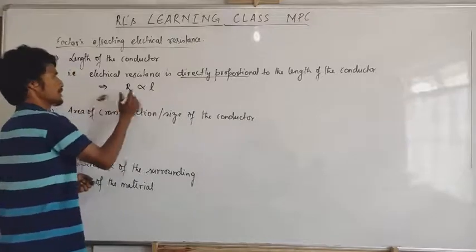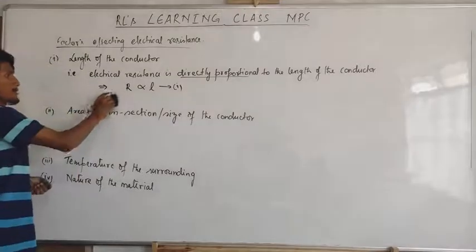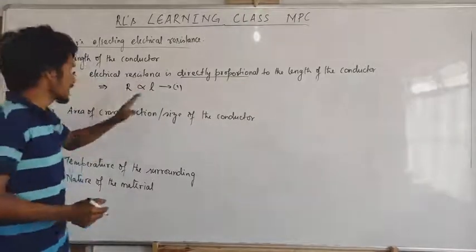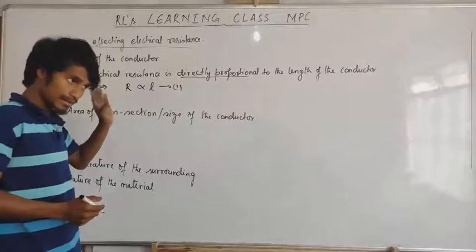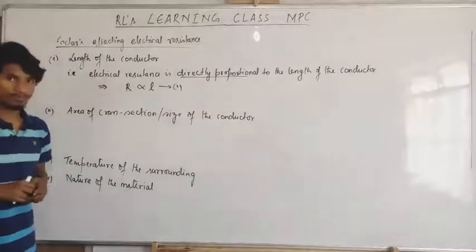We put this as equation 1. So as the length of the conductor is increasing, electrical resistance also increases.